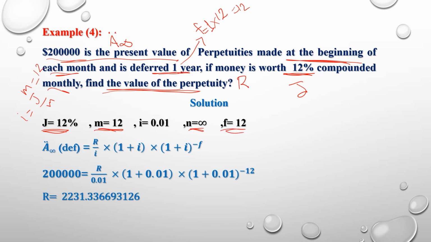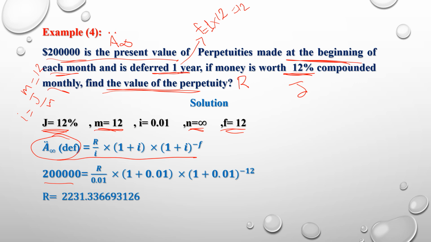Then by substituting these values in the formula of a deferred perpetuity due, we have this formula. So we have the present value of these perpetuities, which equals $200,000, equals R over I times (1 plus I) times (1 plus I) to the power minus F, which is 12.